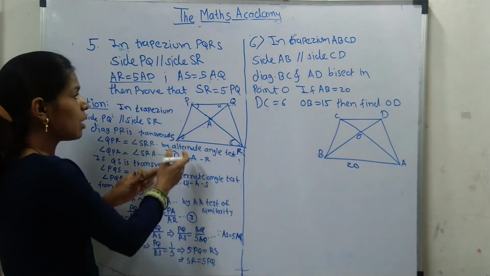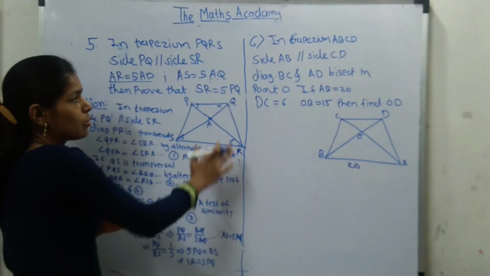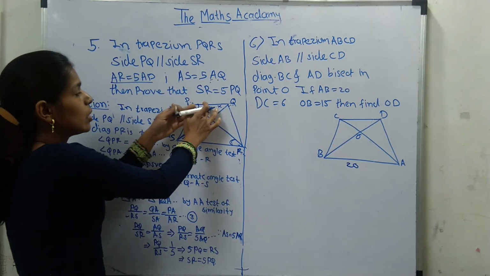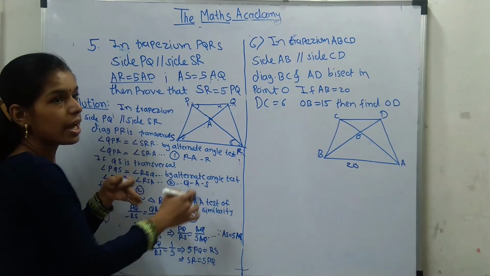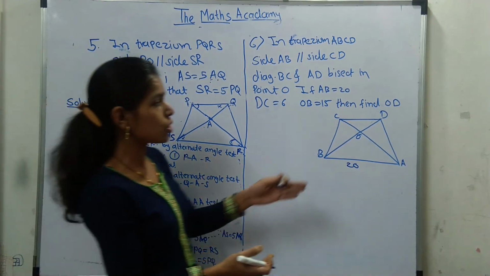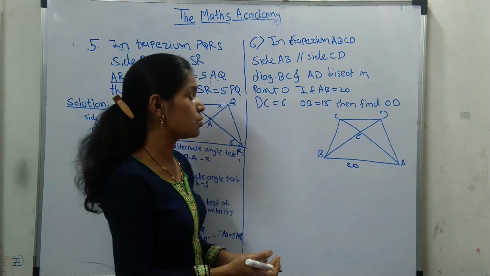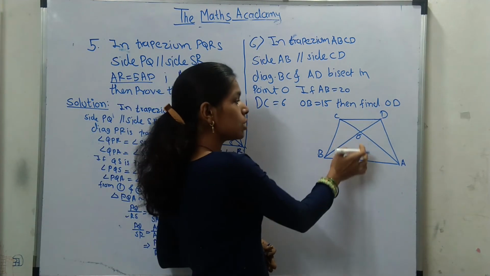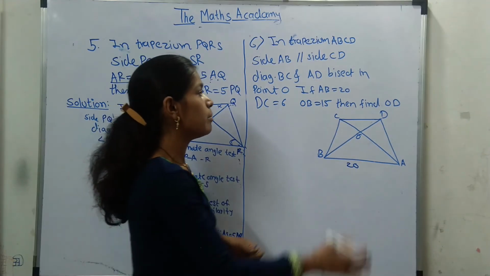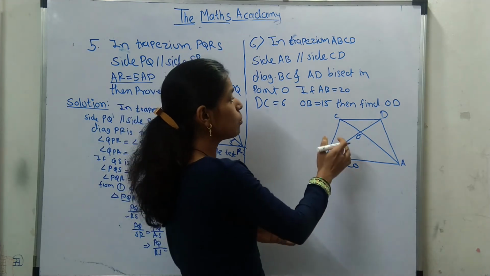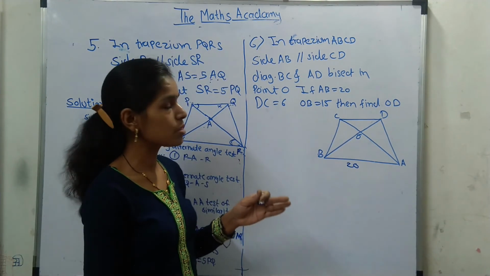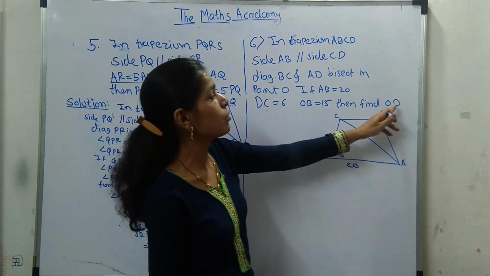Now here you have to prove that SR is equal to 5 times of PQ. It means the corresponding sides of these two triangles are in the same proportion. Here the same concept you have to use. You have to prove that the two triangles are similar to each other, and by using that concept you have to find the ratio of their corresponding sides, and hence you have to find OD.